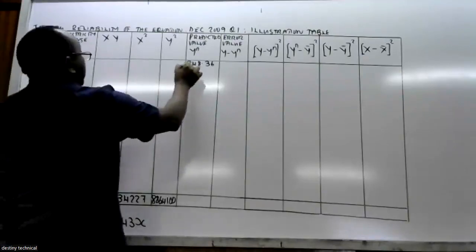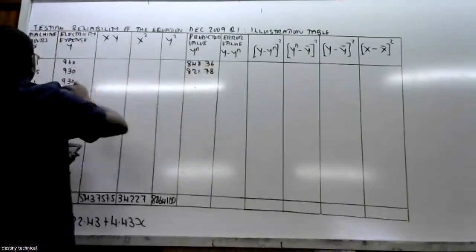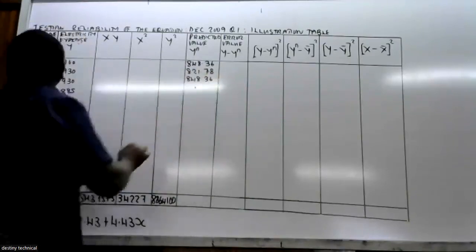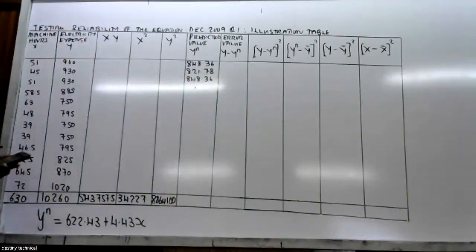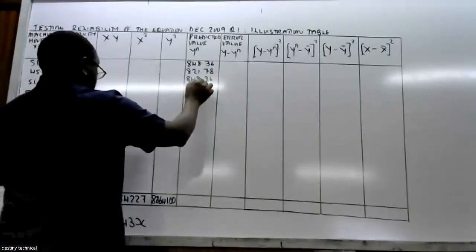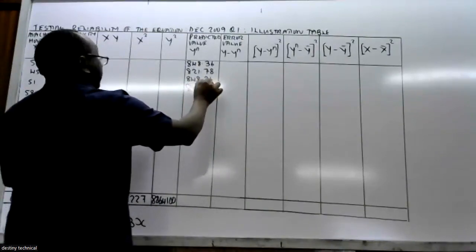I'm getting 821.78. This 51 repeats, so it is 848.36. Then 622.43 plus 4.43 times 58.5 is 881.585.